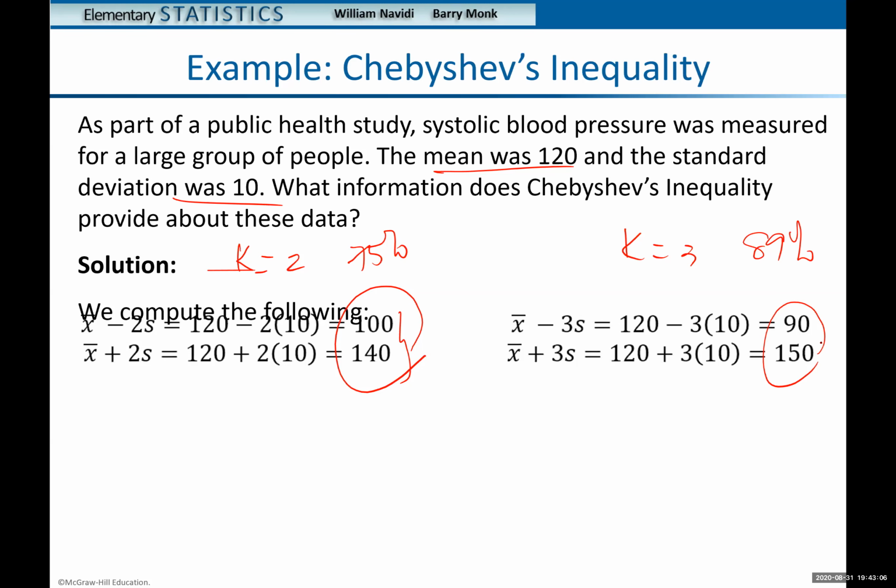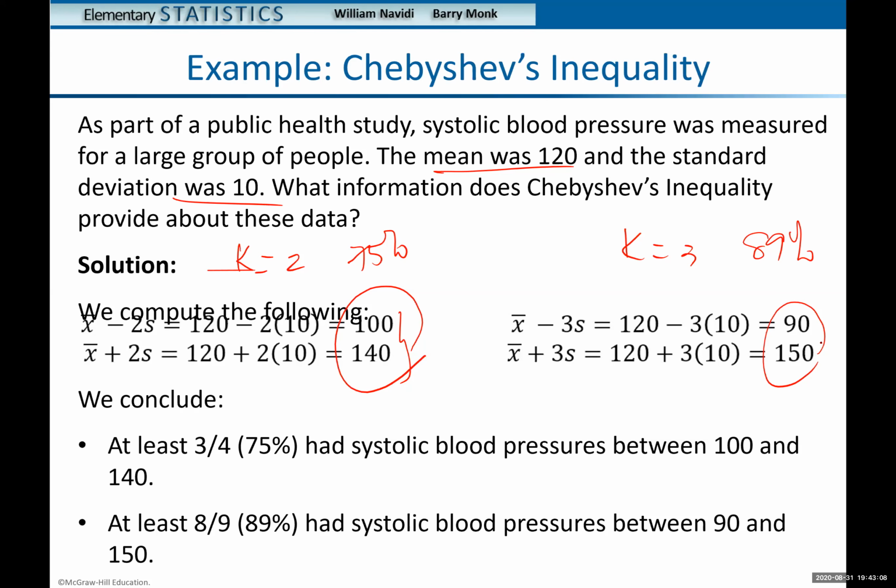So how are we going to interpret this? The first one, at k equal to 2, at least 75% had systolic blood pressures between 100 and 140.